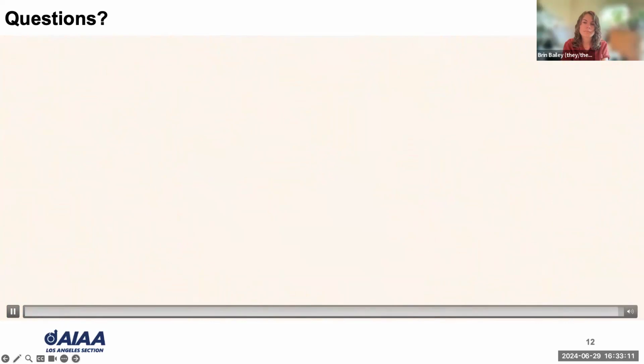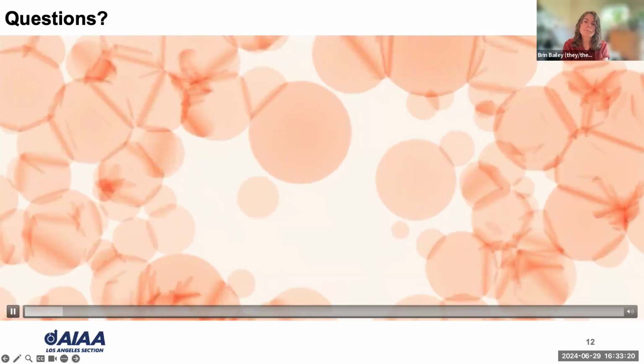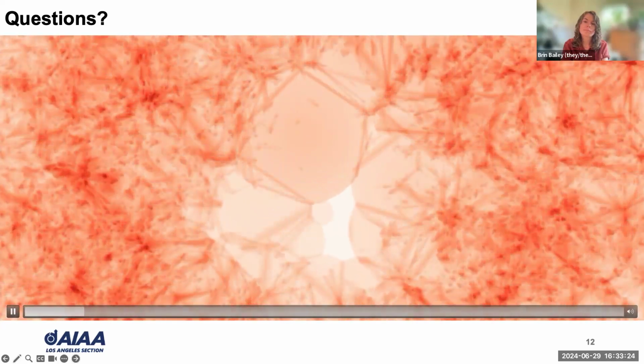Would this be something applicable or offered for individuals from the disability community to participate with the supercomputer and with your program?